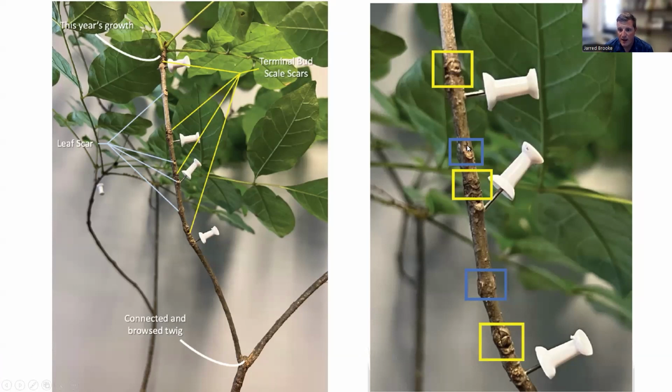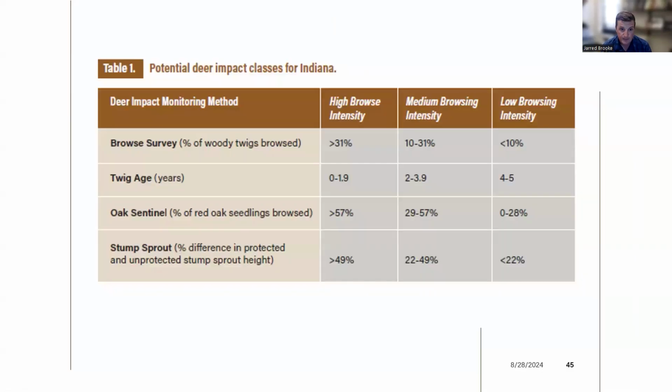And then this is what's called a leaf scar, which is just one little scar that doesn't wrap all the way around the twig. And so you're counting these terminal bud scale scars. I don't have time to go in today exactly how you do it, but I will tell you that there's a protocol in these resources to tell you how to implement twig aging in your woodland.